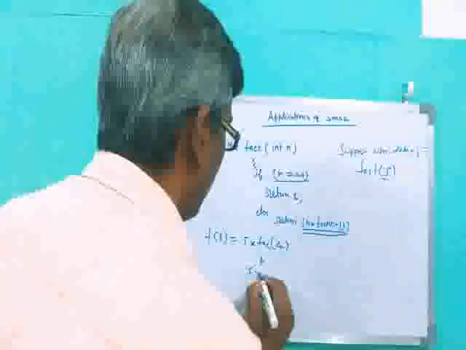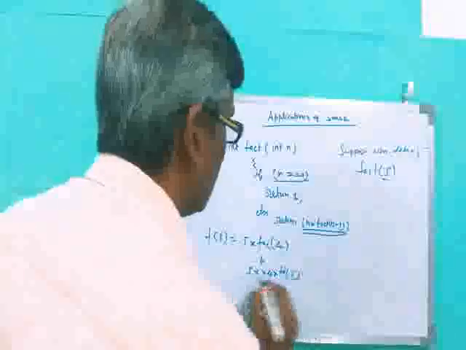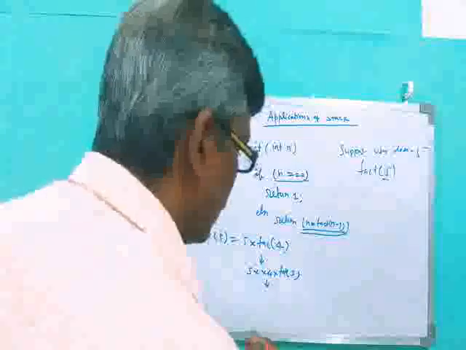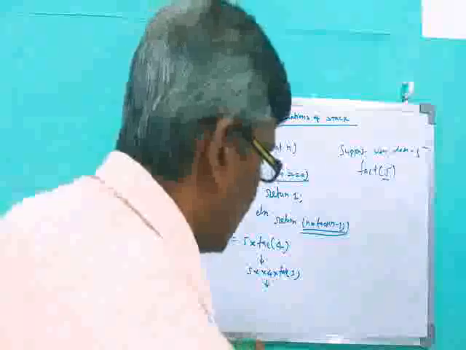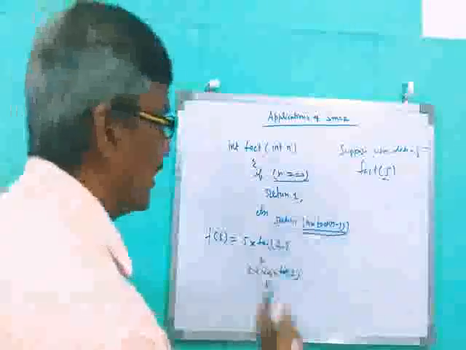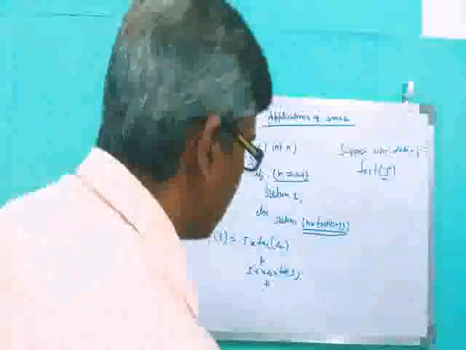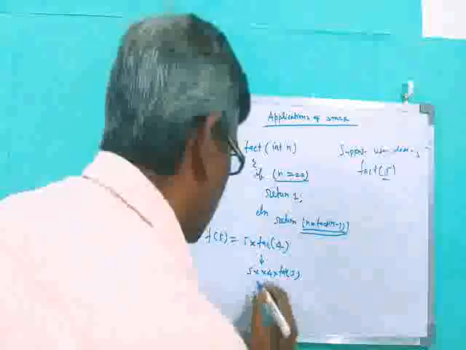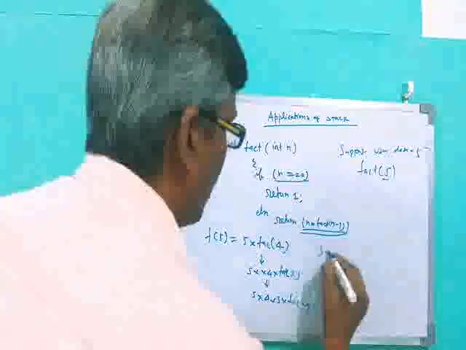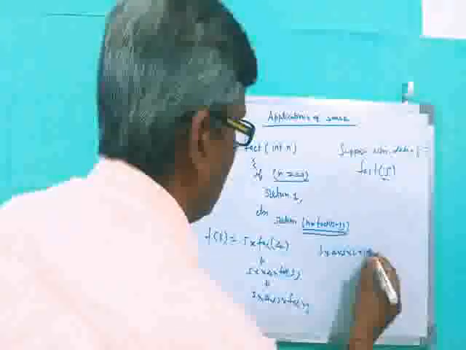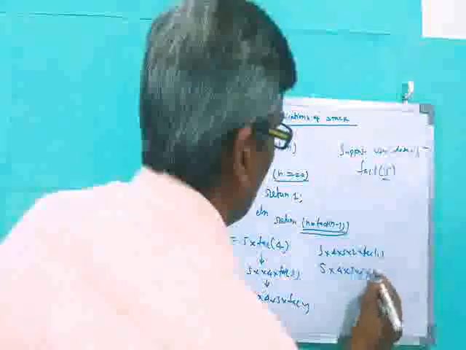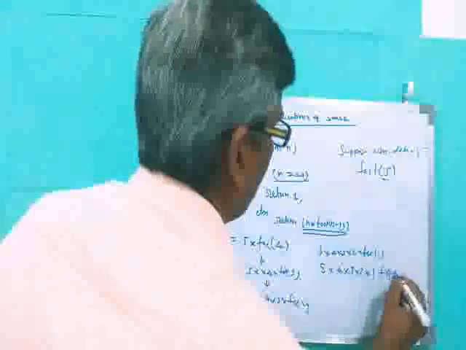So next is 5 times 4 times fact 3, and we will continue to expand this recursive function until the result is met. The next step is 5 times 4 times 3 times fact 2, then 5 times 4 times 3 times 2 times fact 1, then 5 times 4 times 3 times 2 times 1 times fact 0.